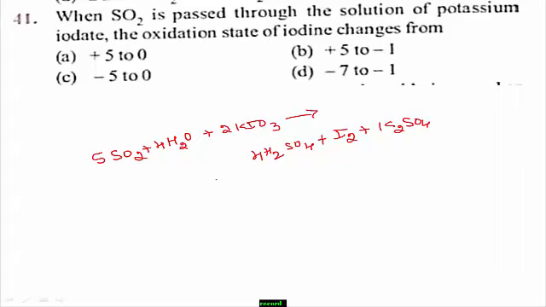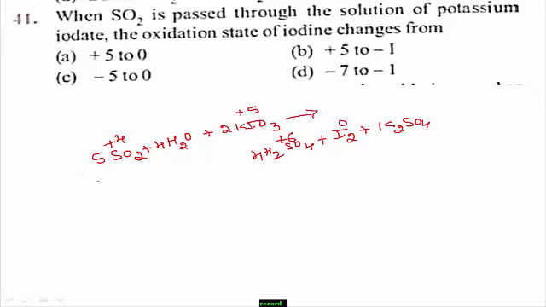Here the sulfur oxidation state in SO2 is +4, and iodine in KIO3 is +5, and sulfur in H2SO4 is +6, and I2 in molecular form is 0.